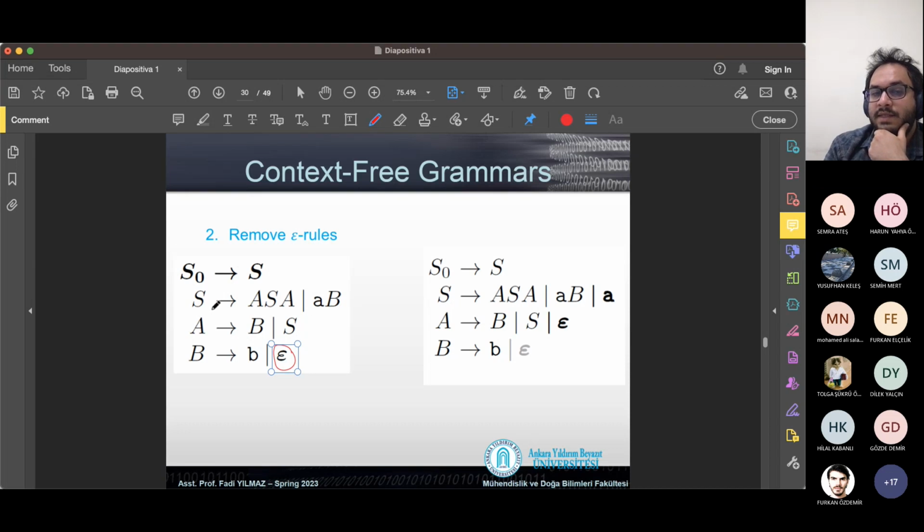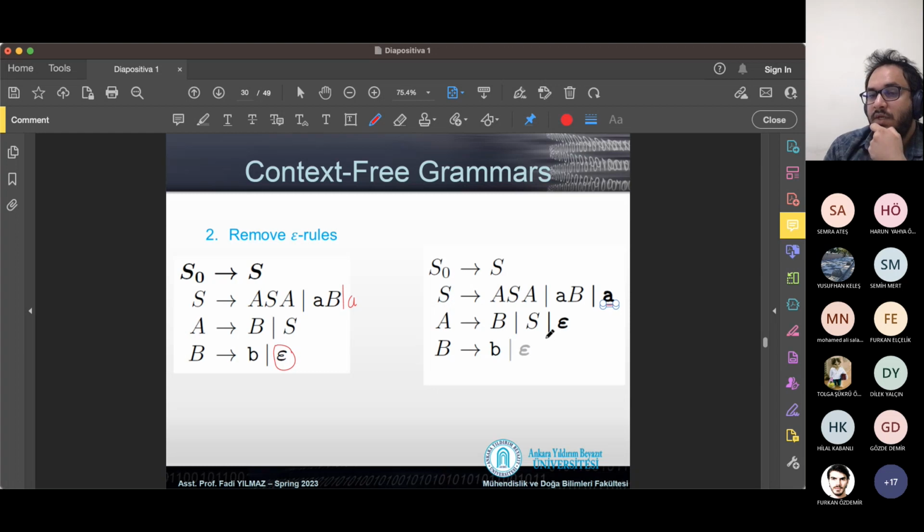For example, S can be AB, but if B is epsilon, it can also be only A, and I add it here. A can be B, and B can be epsilon as well, so I need to add epsilon here to show that A can be epsilon as well.